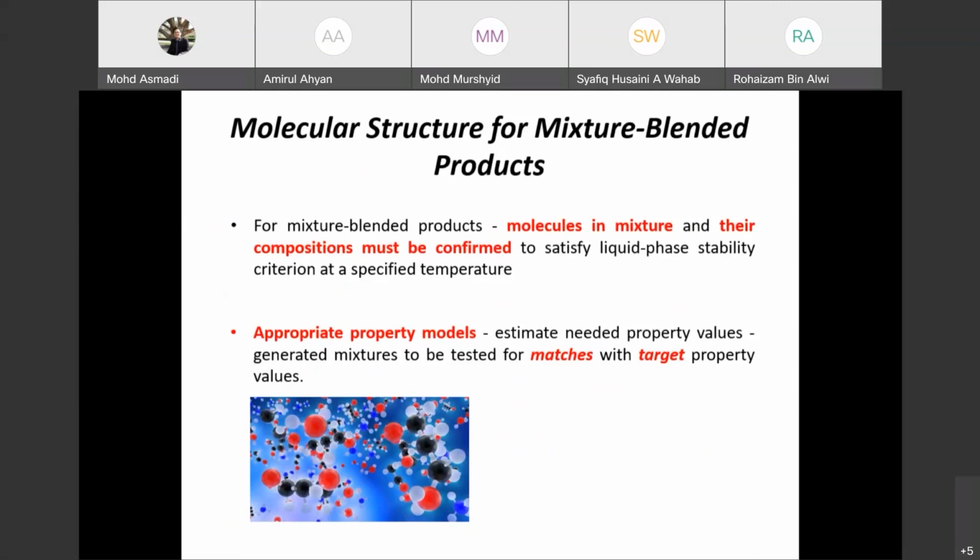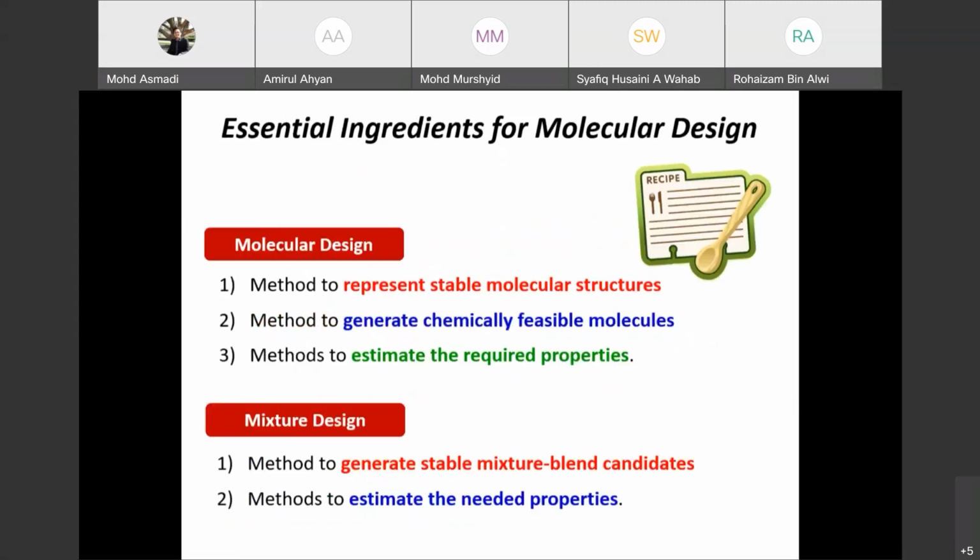Actually, the most important thing is the needs function. Without the needs function you cannot predict: what are the needs, what is the function. So these are the essential ingredients for molecular design and also mixture design.